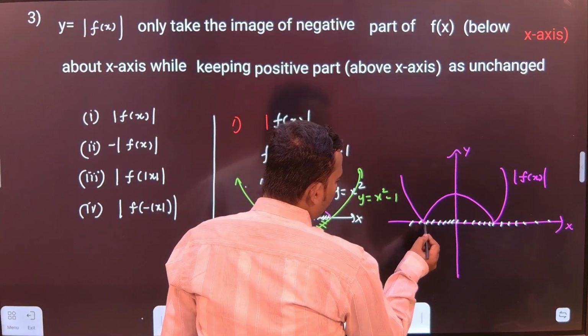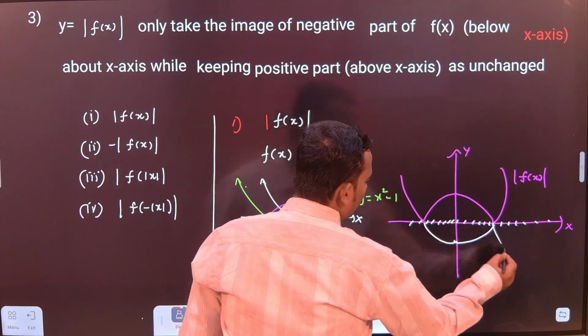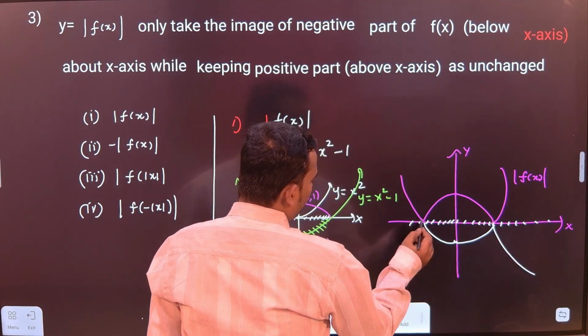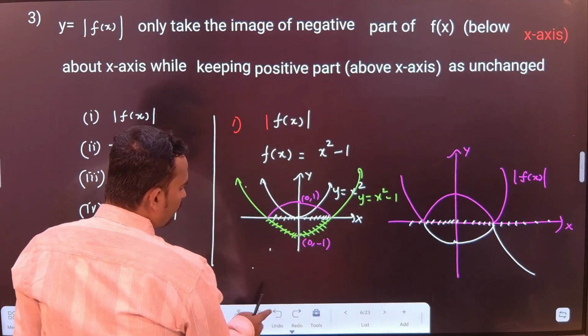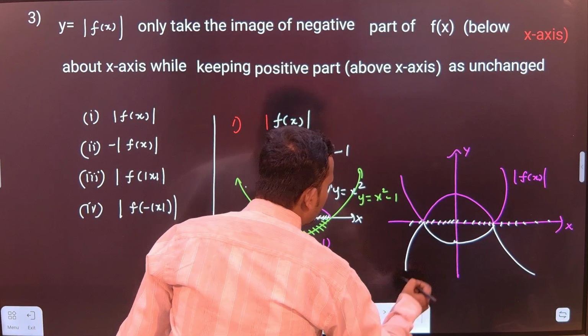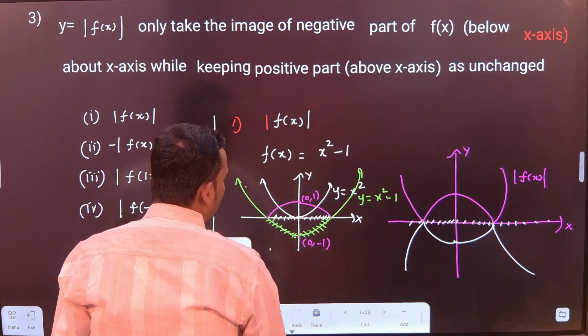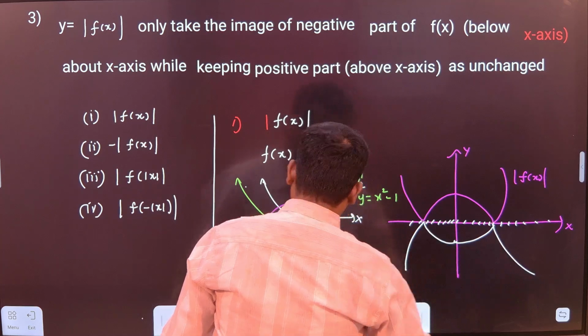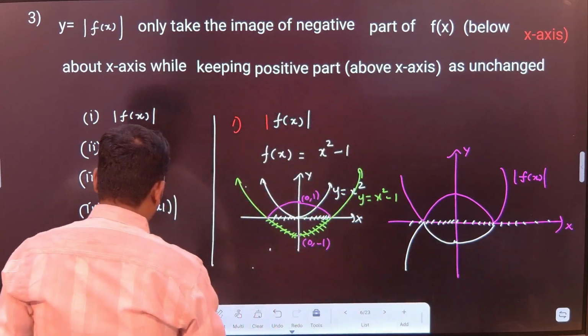So this portion will come like this. This portion will be like this, and this will be like this. This will be like this.